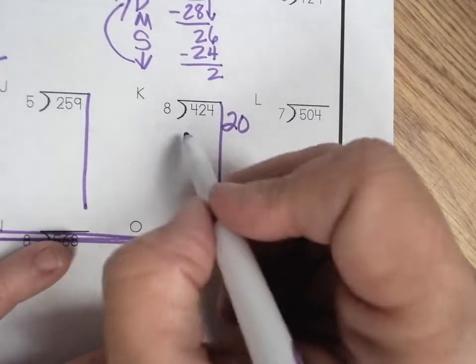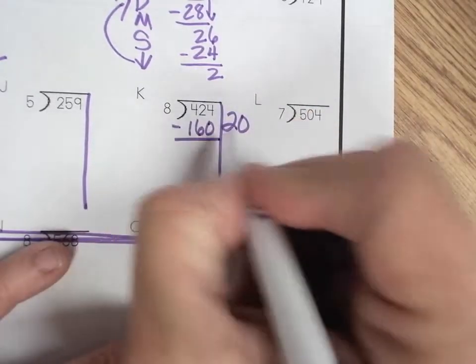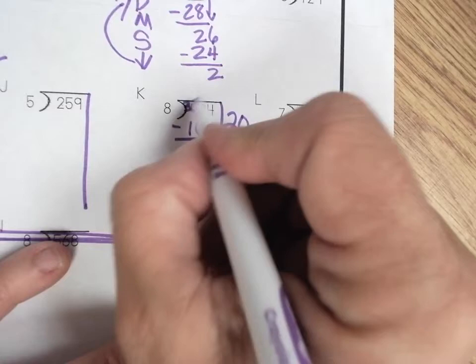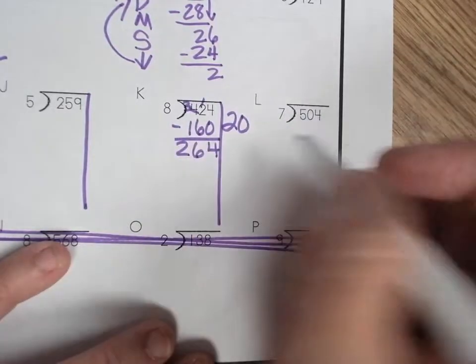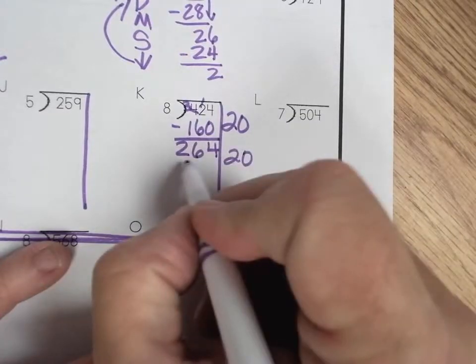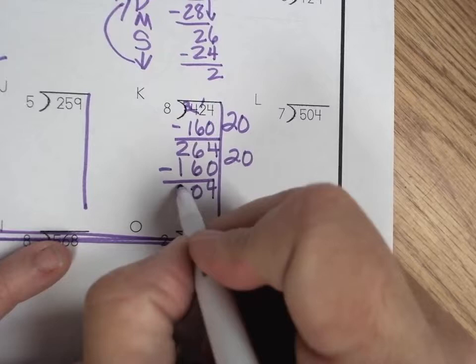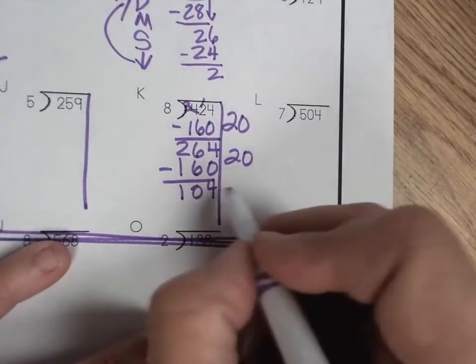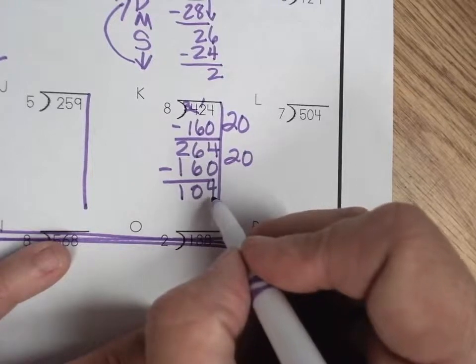So 2 eighths is 16, so 20 eighths is 160. Subtract. So I have 264 left, so I still have quite a bit. Say I want to do another 20. Then I could do 160. Subtract. I have 104. No, it will not go into 20 times again because that's 160 and I only have 104.